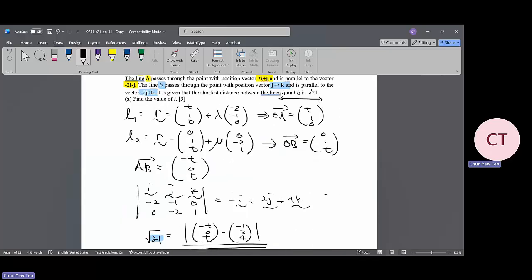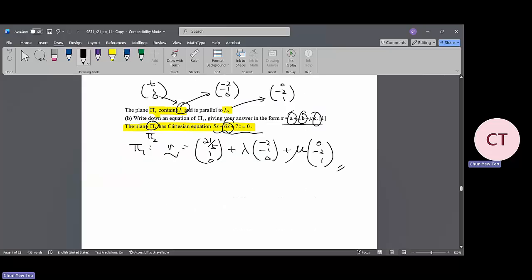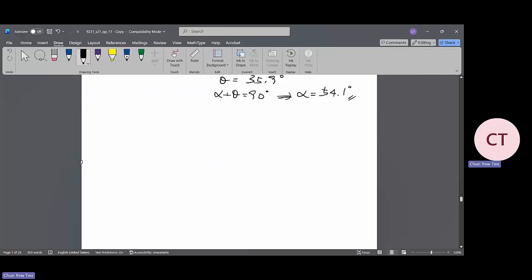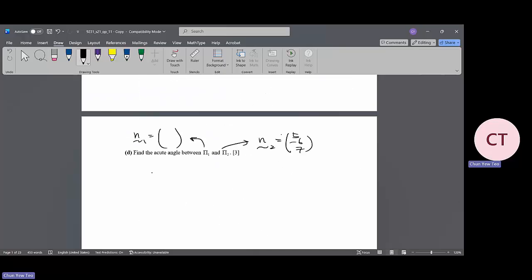This is the N1, because just now the N1 is coming from the cross product between the two vectors L1 and L2. So the pi 1 contains L1 and is parallel to L2. So if you take the L1 and L2 cross product, you will get N1. And we have found it in part A. So from part A, the N1 is equal to negative 1, 2, 4.